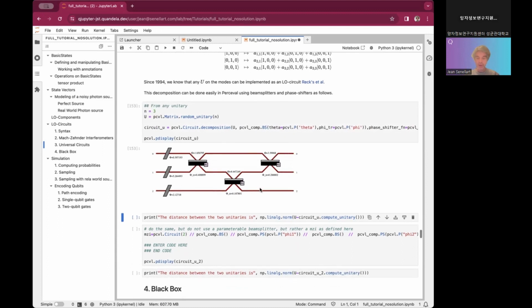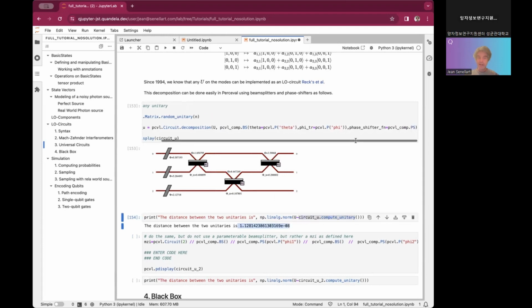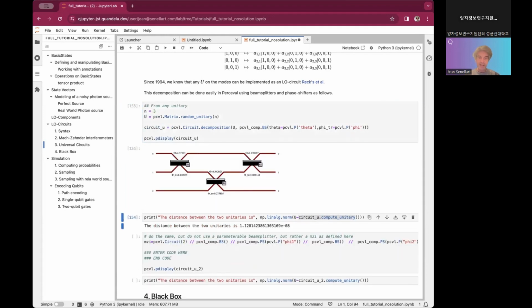So if you now compile to check that the unitary that we implemented is the same, you see that if I take the difference, the norm, the L2 norm between my unitary and the unitary of the circuit that I just designed, the norm is very small. If I had removed that phase column, then you see that the distance is huge.